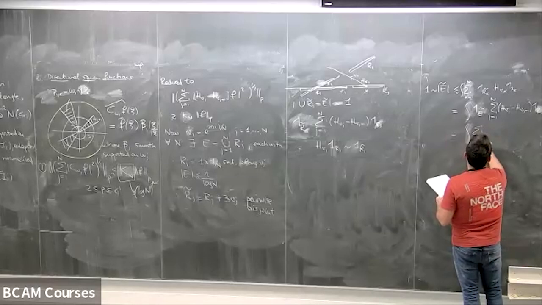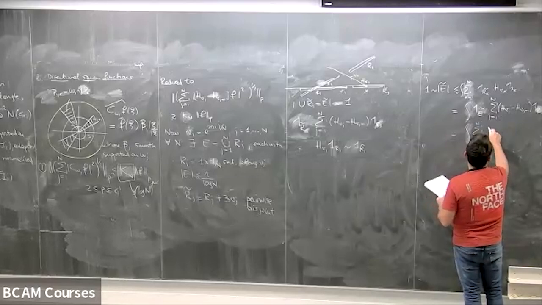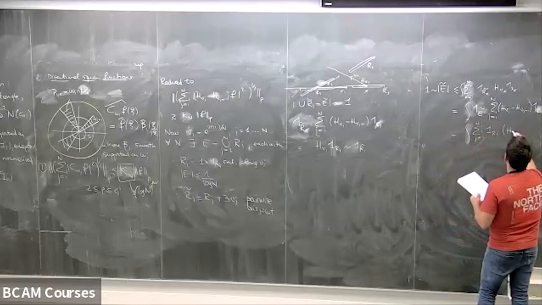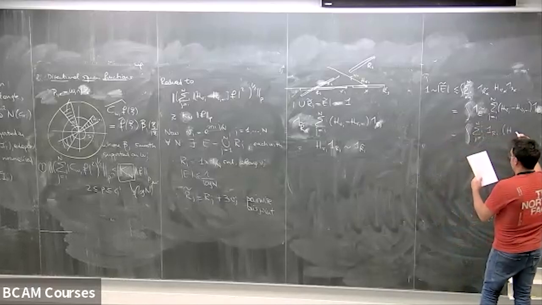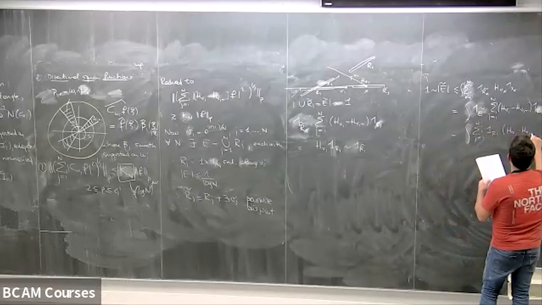Because I can pass this sum. I'm gonna use the then H v_j minus H v_{j+1} applied to 1_E.